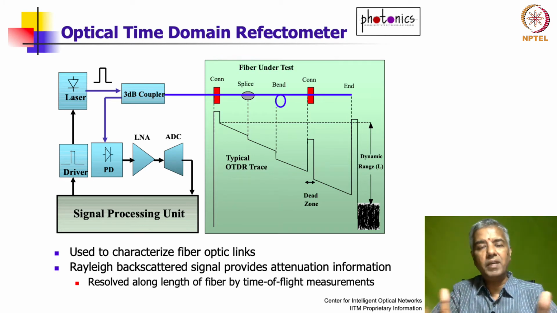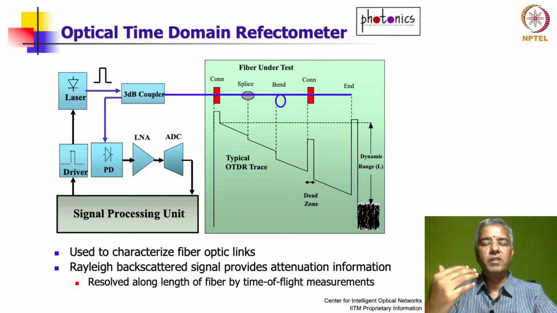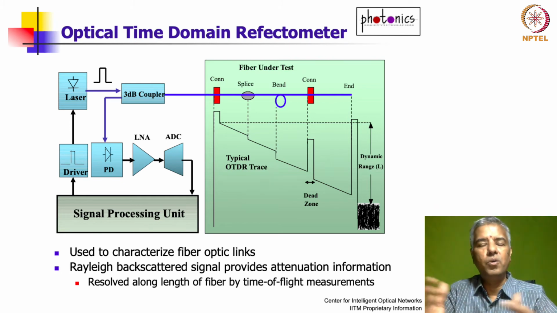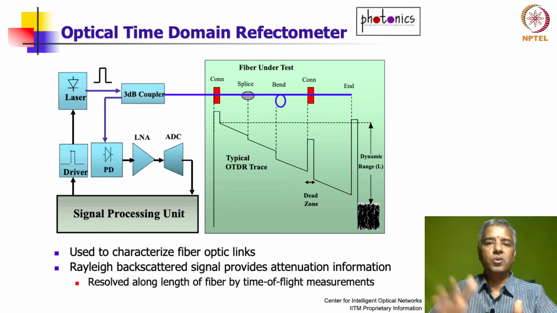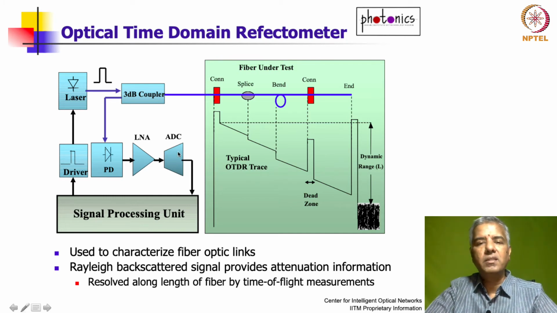They navigate by sending sound waves and looking at how long it takes for the backscatter signal to come back, and based on that it says okay, there is some obstacle close by and so on. So it's the same principle, right? You are looking at all the backscattered light.